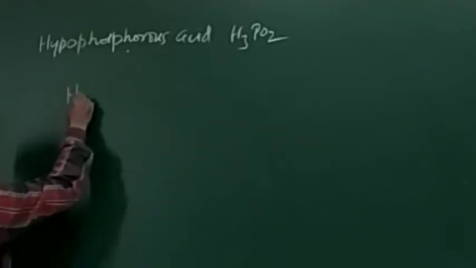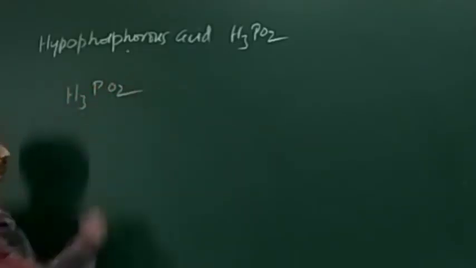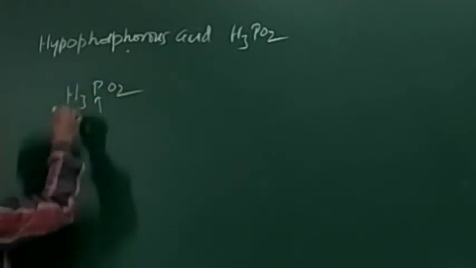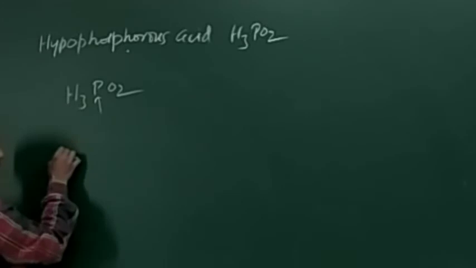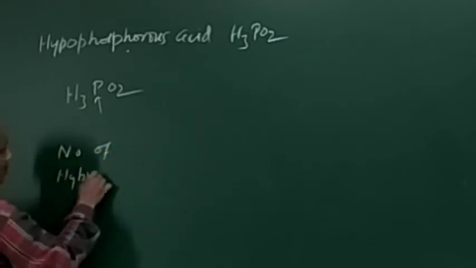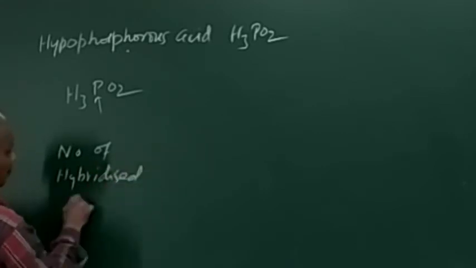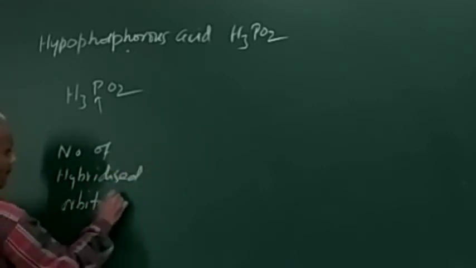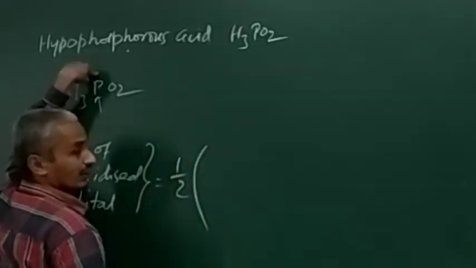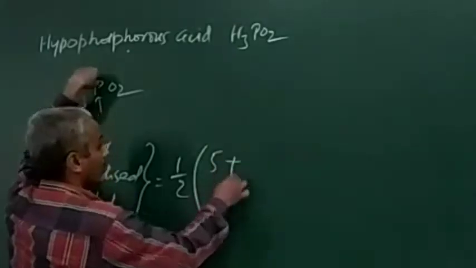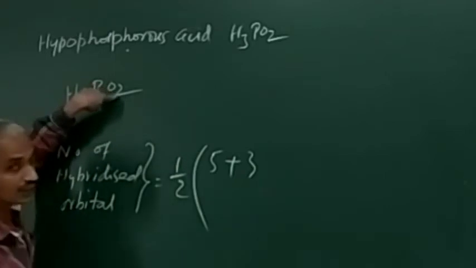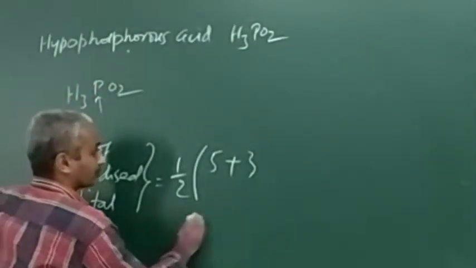In H3PO2, what is the hybridization of the phosphorus here? For this, the formula is: number of hybridized orbitals is equal to half into the valence electrons of phosphorus, which is 5, plus the monovalent atoms, 3 hydrogen atoms. The oxygen is divalent, so it should not be considered.